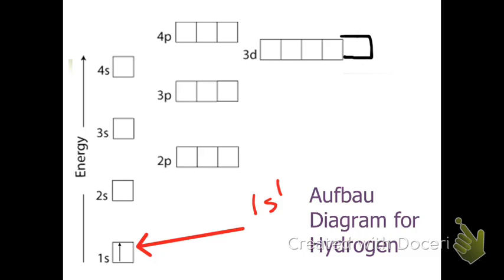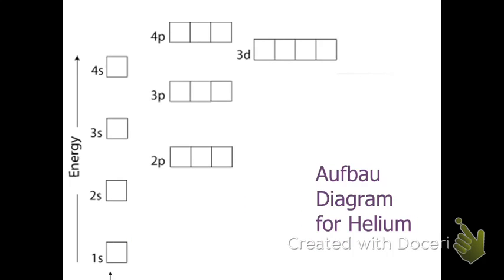Now, let's move forward. What if we go to the next one, which is helium? Okay, helium. We see now that we have 2 electrons in this orbital.